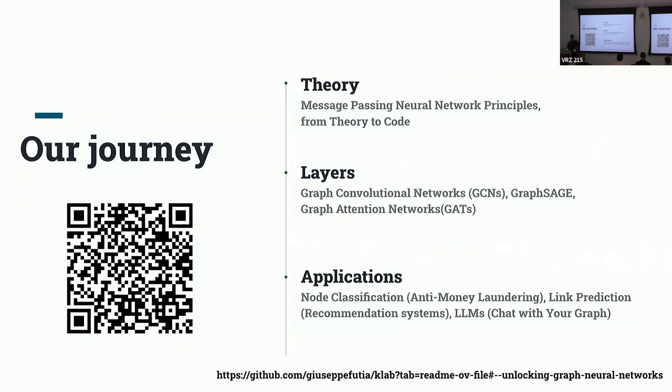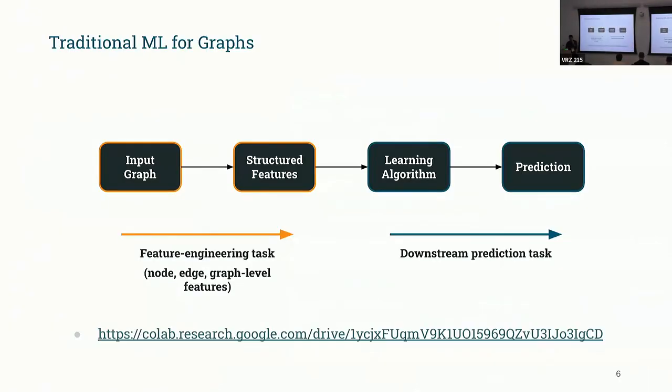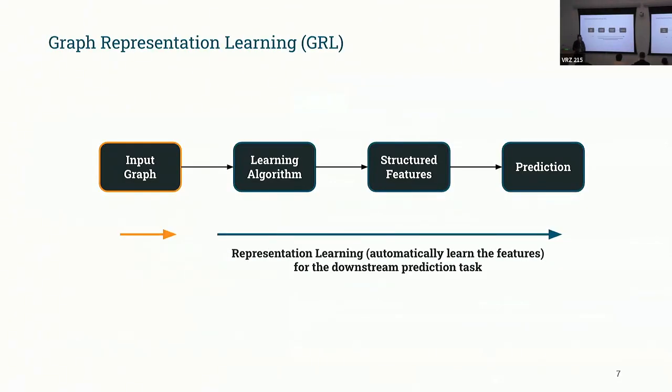I use NetworkX because it's quite easy to use for this kind of purpose. It's basic, but very useful to get intuitions about the different results obtained with these algorithms. So let me go back, and we talk about traditional approaches for doing machine learning also on graphs.